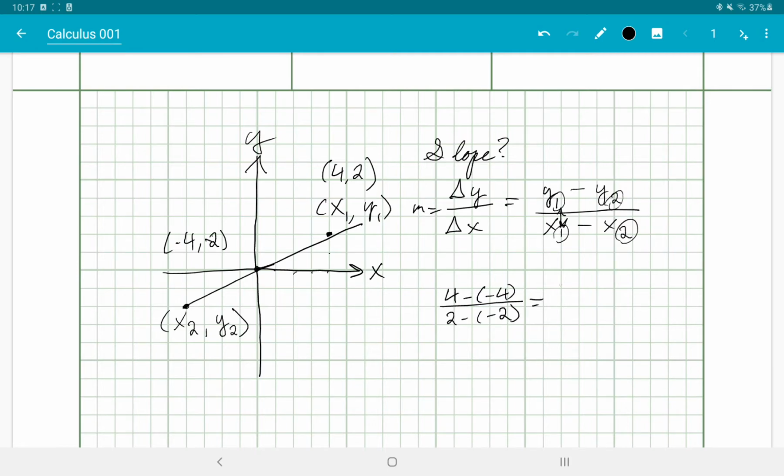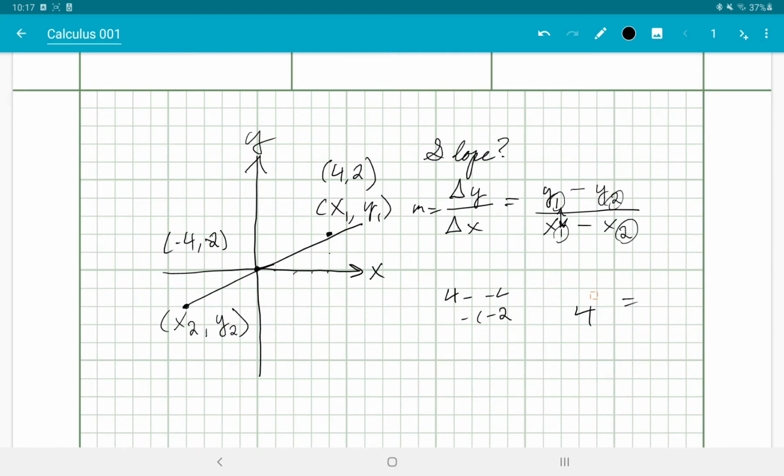Of course, you can do all this with a calculator, but it's more important that you understand the process so you can figure it out later, right? But this is pretty simple. You just have your values, that's a 4 on the bottom, 8 on the top. So you have a slope of 2.